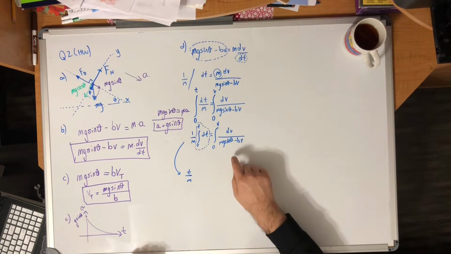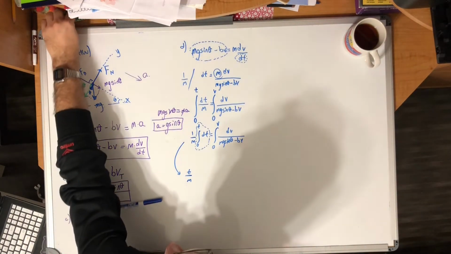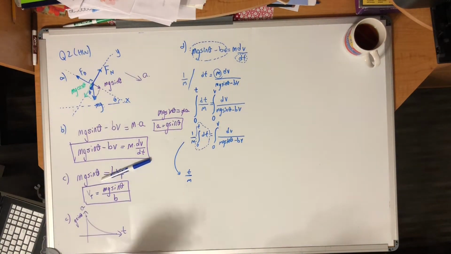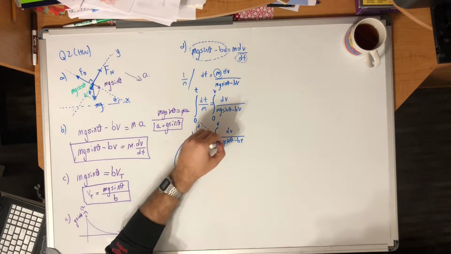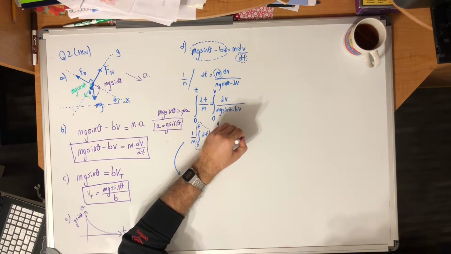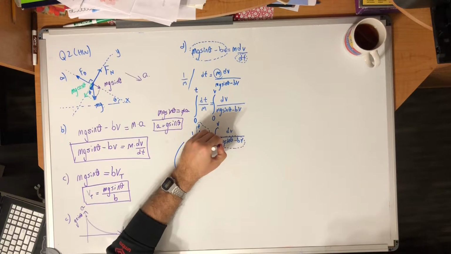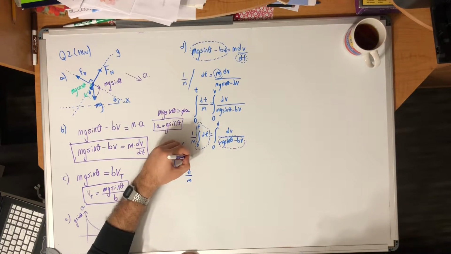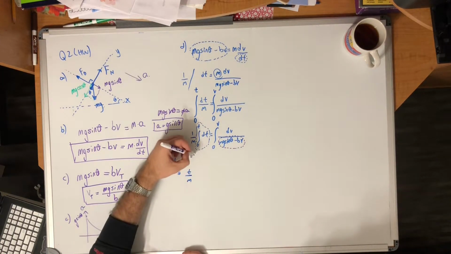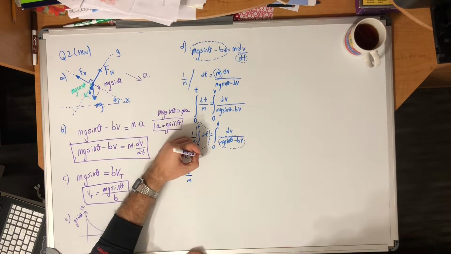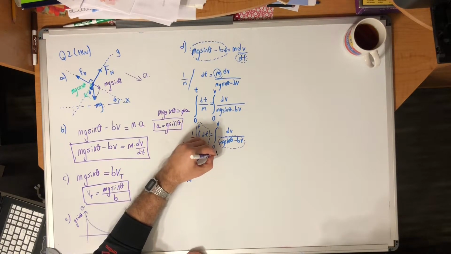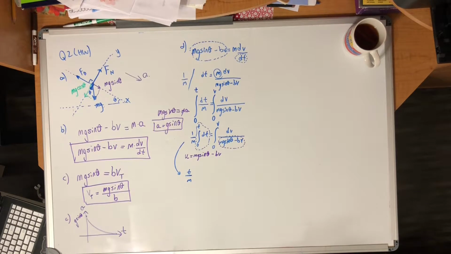And what am I going to do over here this time? Again, I have a complex function, so what should I do? I should replace this with u. So my u will be mg sine theta minus bv.